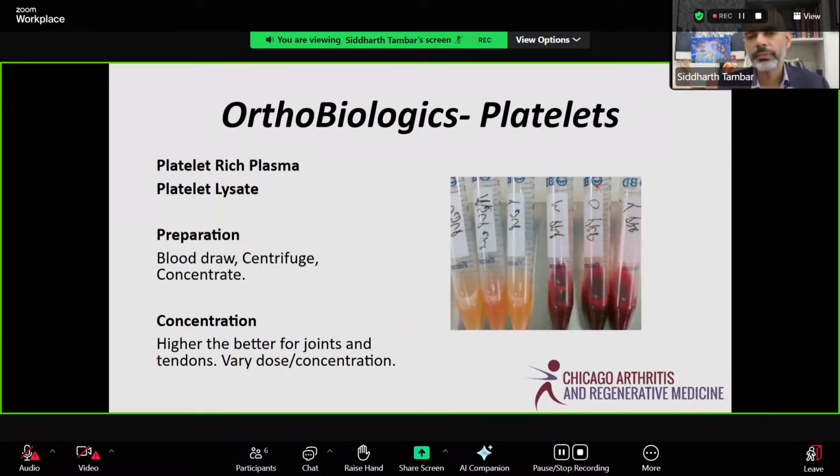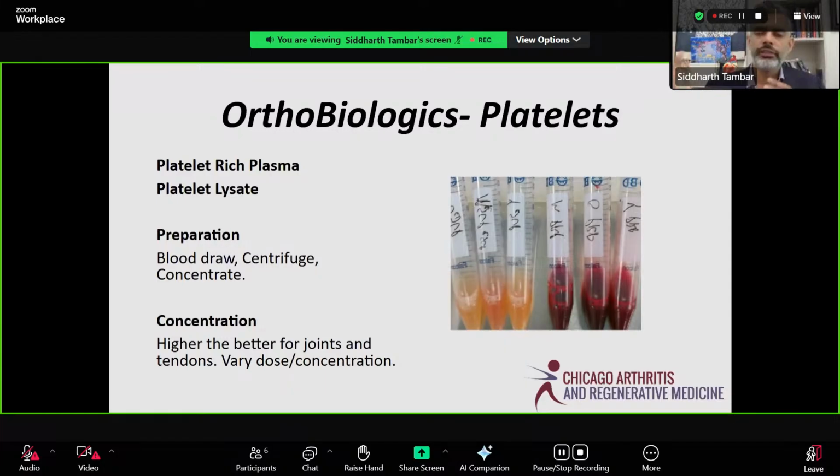There's different types of platelet preparations. The key thing to understand is that your physician and the office needs to have enough nuance and an approach to your care that is bespoke and personalized so that they can alter the type of cells that they're using. Meaning there's different ways to prep platelets.